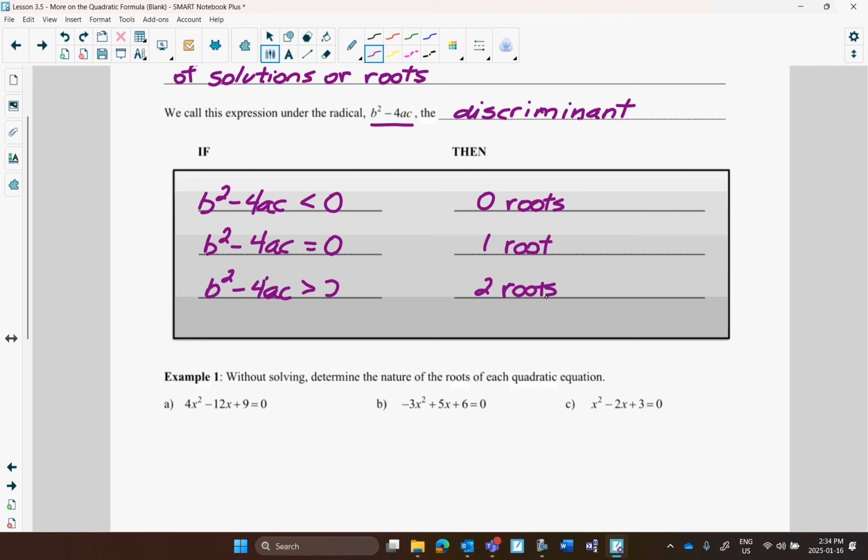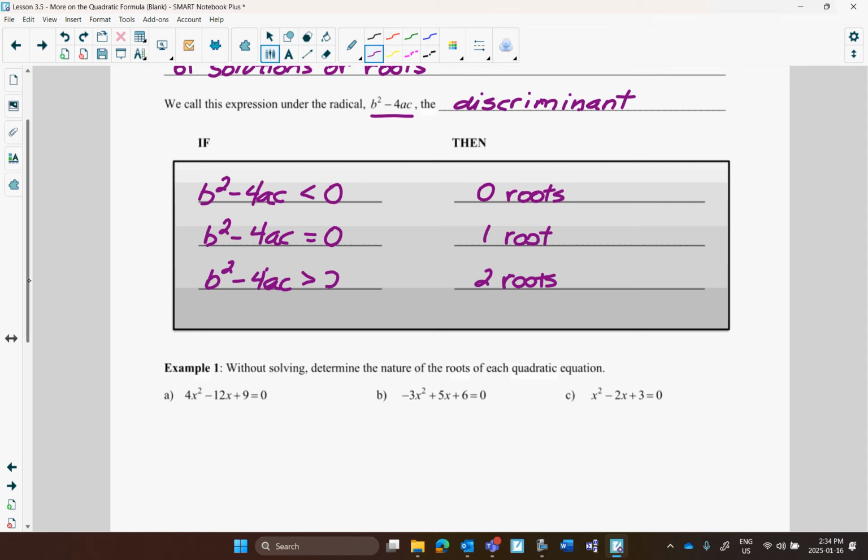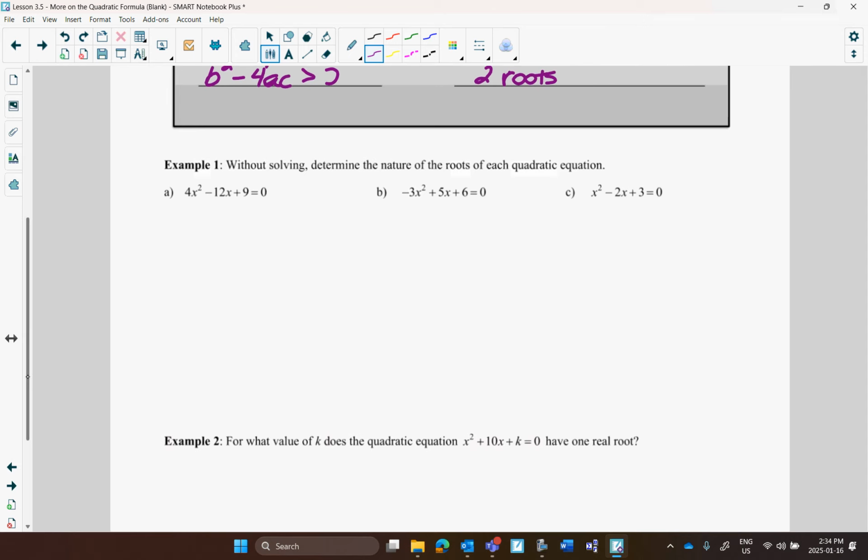So, a couple of examples that deal with the concept of discriminants. Well, you could be asked to calculate. Whenever you see this phrase, the nature of the roots, this means the same as how many roots.